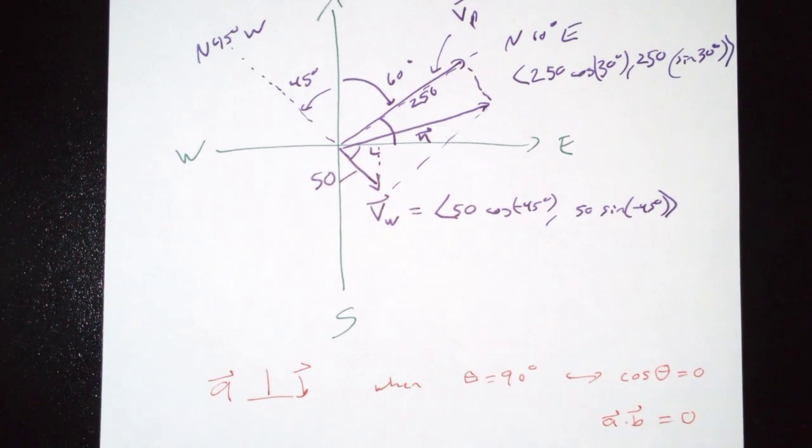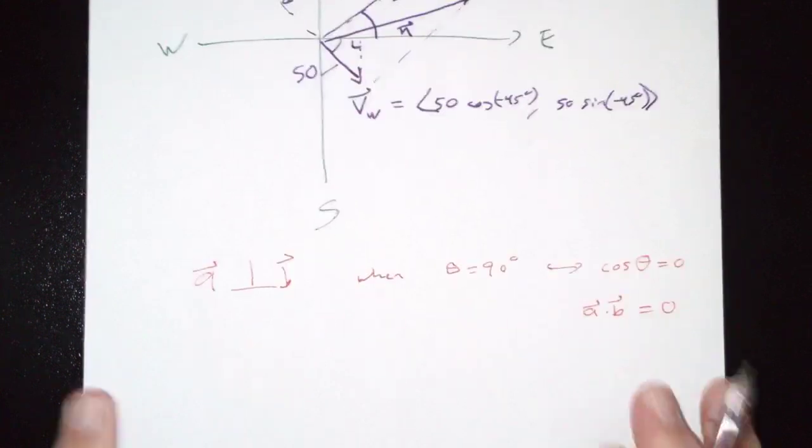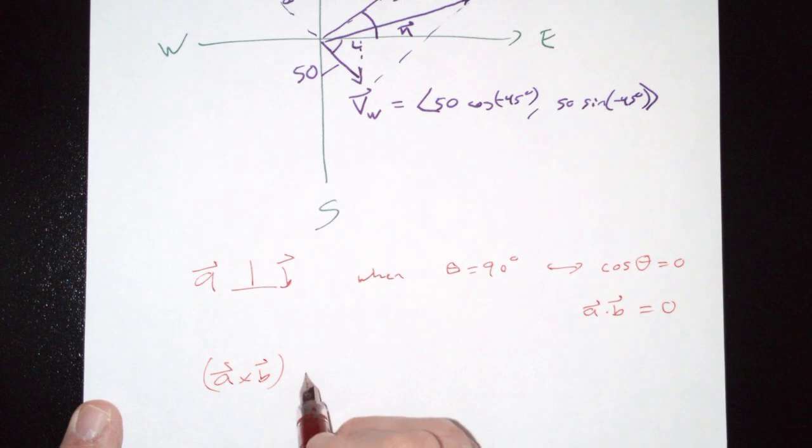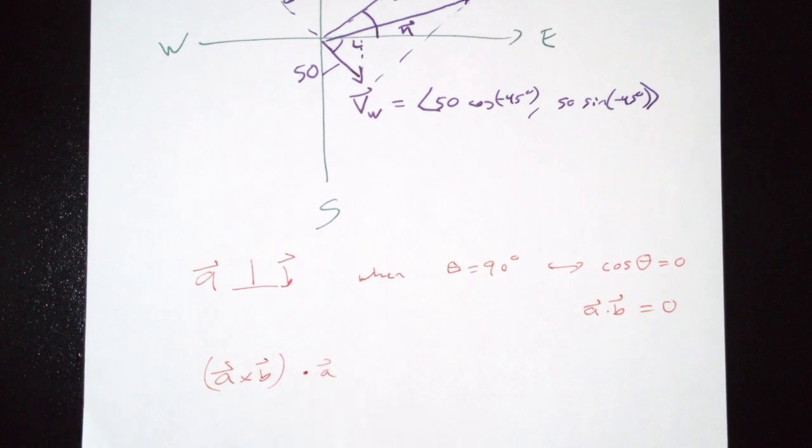So you're going to end up with this new vector, A cross B, right? And I want you to tell me, is A cross B perpendicular to A? So you take your new vector, A cross B, and you dot it with A. And that should be 0.